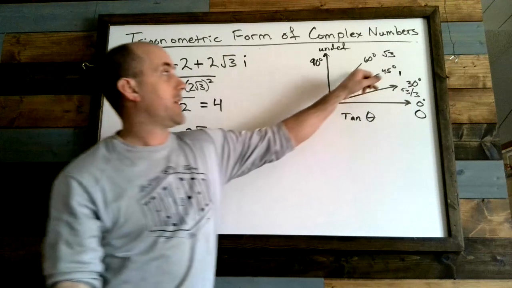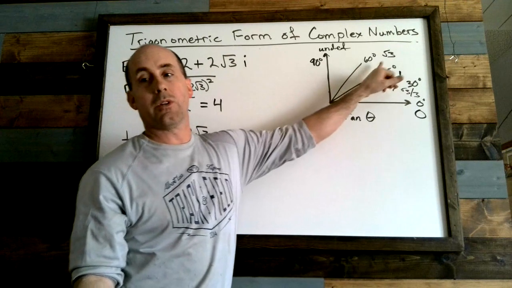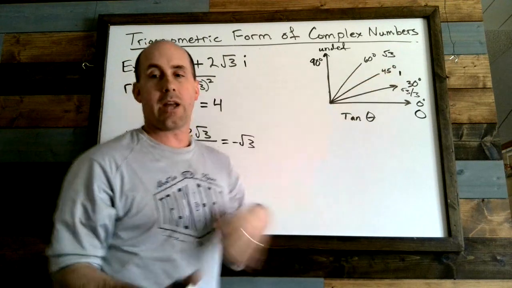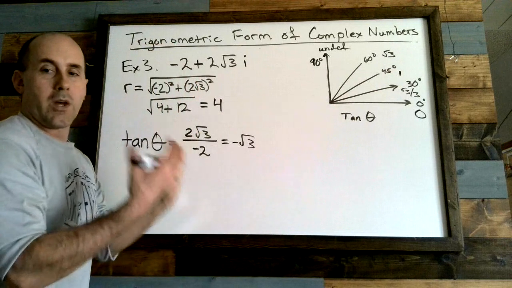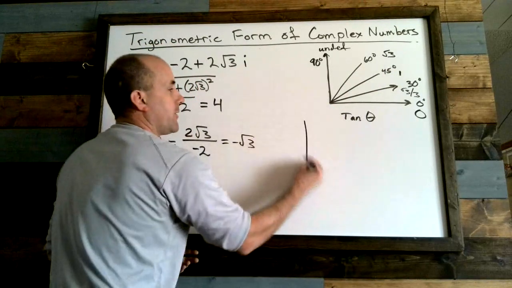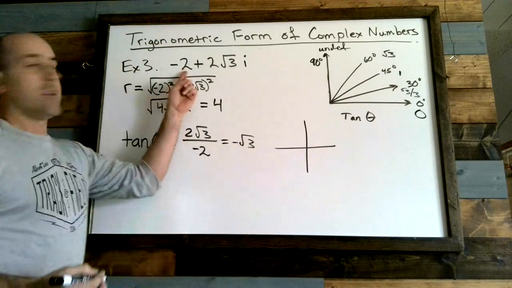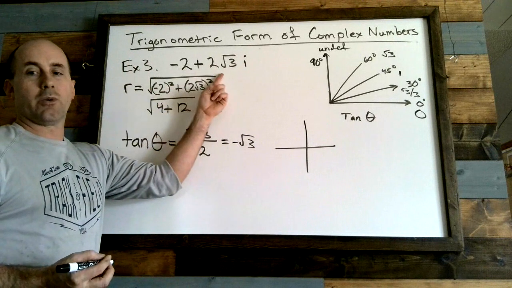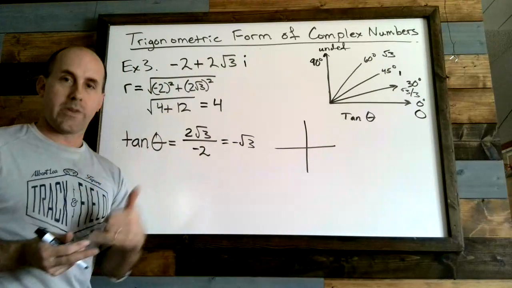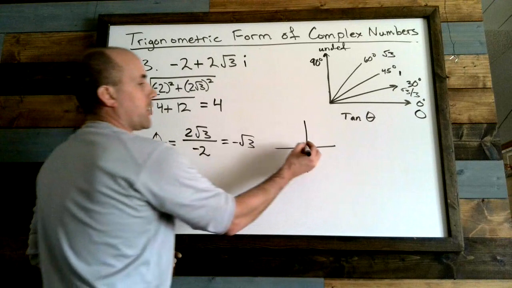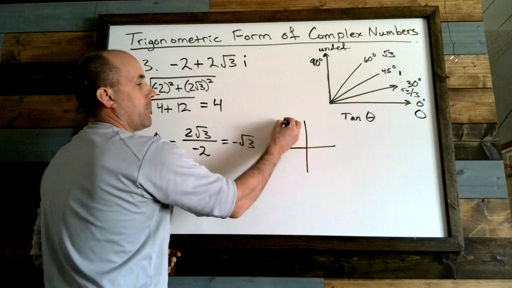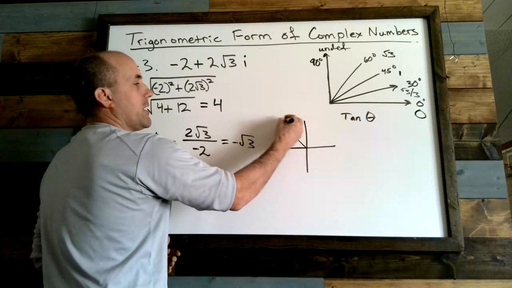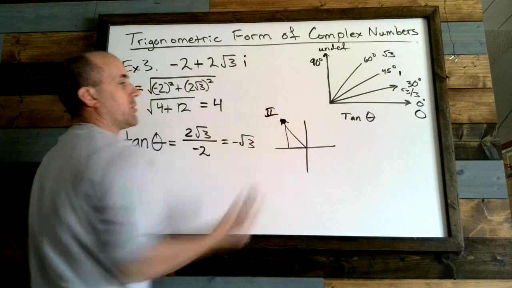You can see here that tangent is equal to the root of 3 at a 60-degree angle. Well, here I have -√3. So think about the graph. If you were to graph -2 plus 2 roots of 3 i, which quadrant would that place you in? I would go back 2 and up 2 roots of 3, so that places me in quadrant number 2.